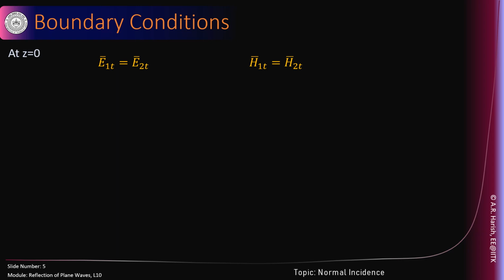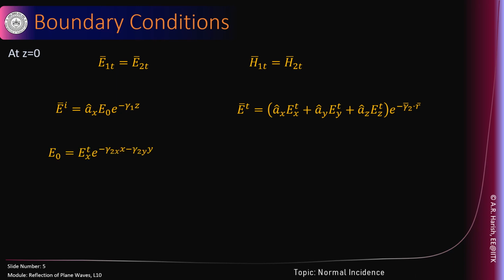So let's try to evaluate the first one, E1t equal to E2t. For that I need E1, I need E2 at z equal to 0. EI is a_x E naught e to the power of minus gamma 1 z. This is the incident field in region 1. In region 2, the electric field is ET, which is given by that long equation. At z equal to 0, EI will be a_x E naught. Ignore a_x for the moment.